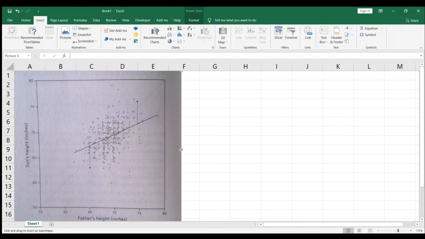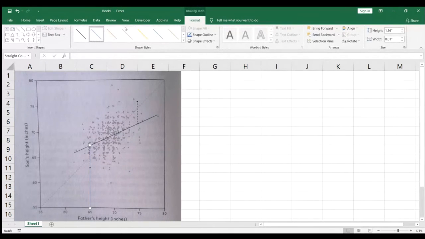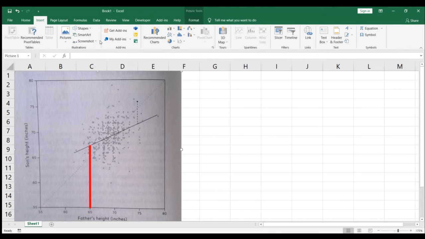Let's say that a father's height is 65 inches. So I'm just going to draw a vertical line up here. Let me make it a little more noticeable. If a father's height is 65 inches, then what is the expected height of the son based on this regression line?